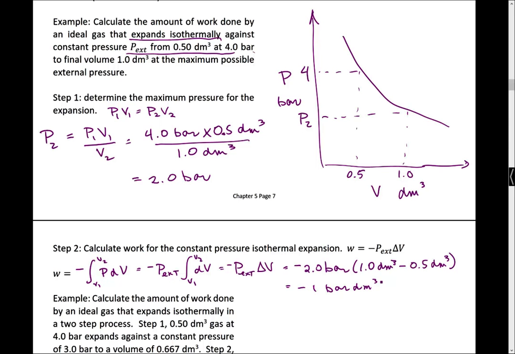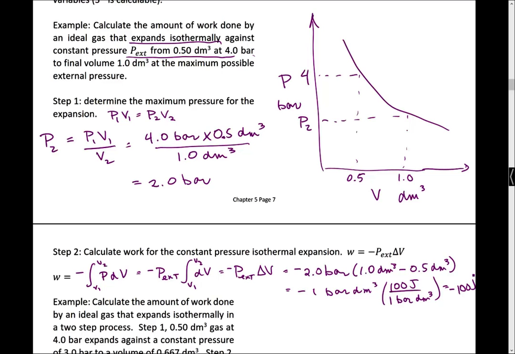And then in getting that to joules, I'm going to convert from bar decimeters cubed to joules, and the conversion factor is 100 joules per 1 bar decimeter cubed, and that comes out to minus 100 joules. So the area of this portion of our graph is 100 joules, and it's negative because we're doing an expansion. Does that make sense?